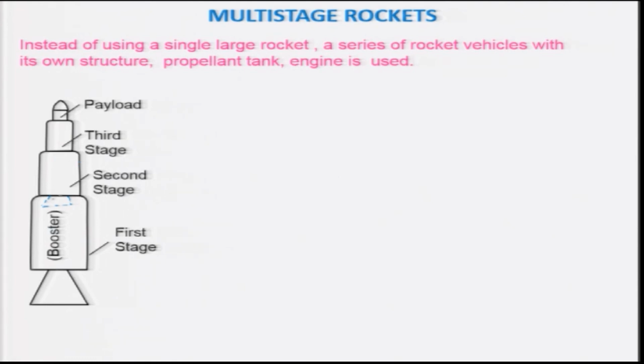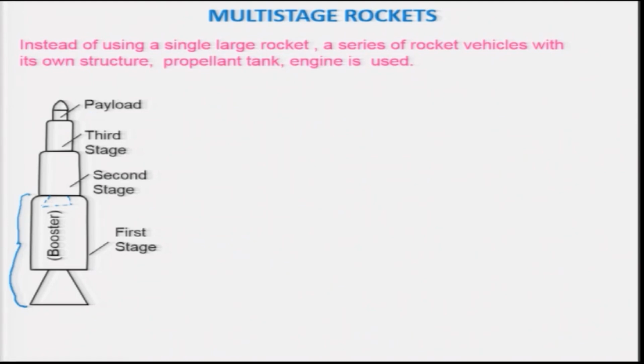Once the first stage is utilized, this portion will be discarded or dropped, and then the second stage will be fired, so that it will be carrying the main payload.